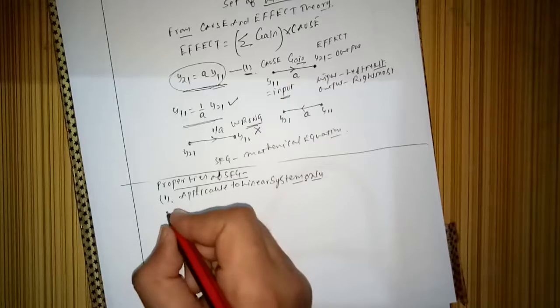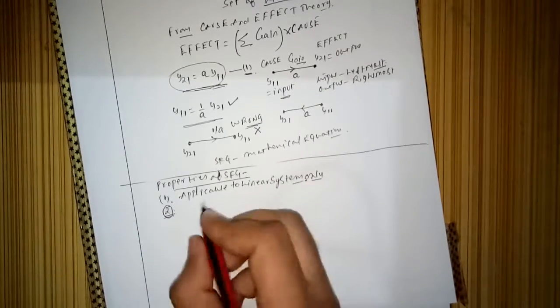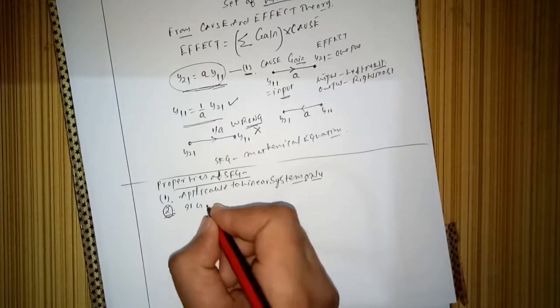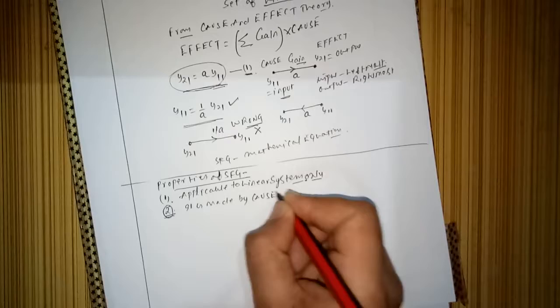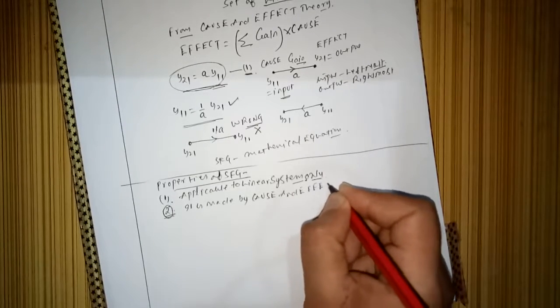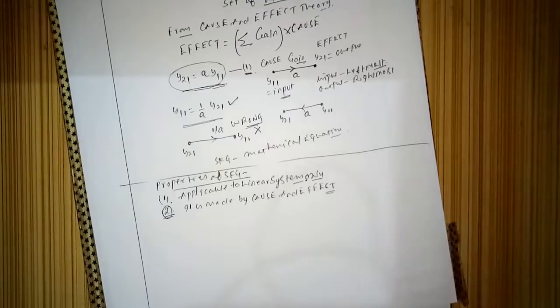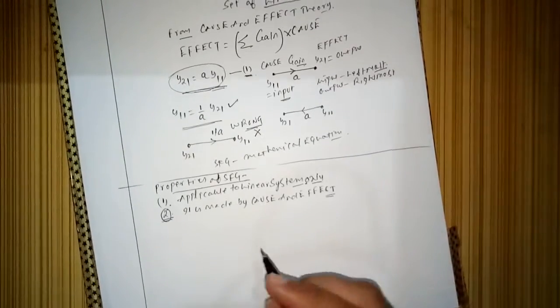The second property is that it is made by cause and effect theory, which means you cannot interchange cause and effect by reversing the direction, right?